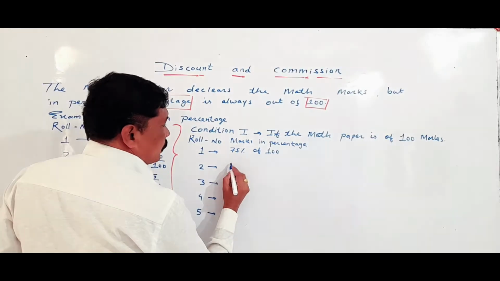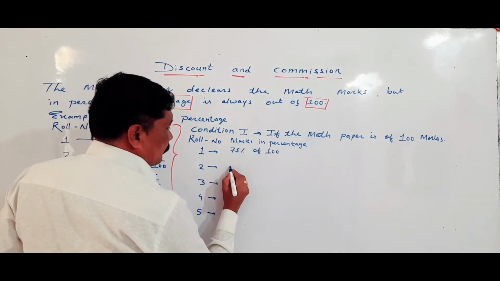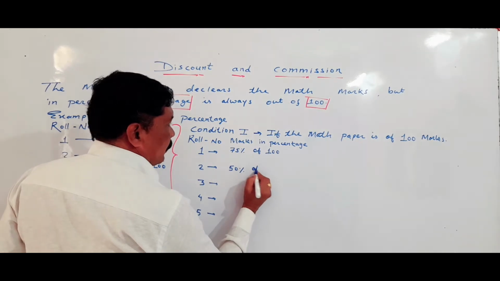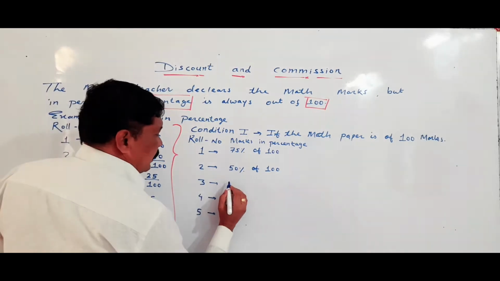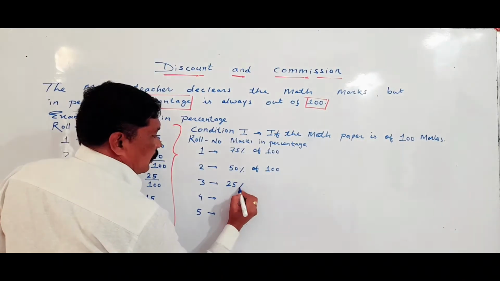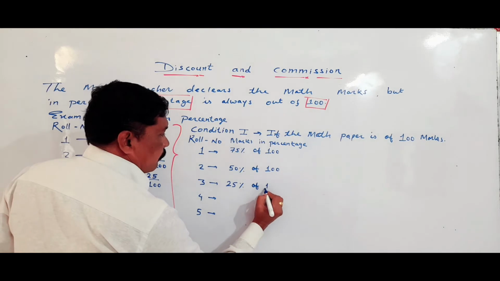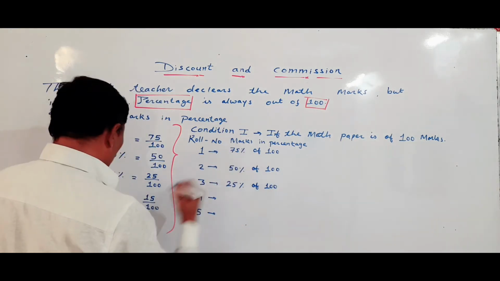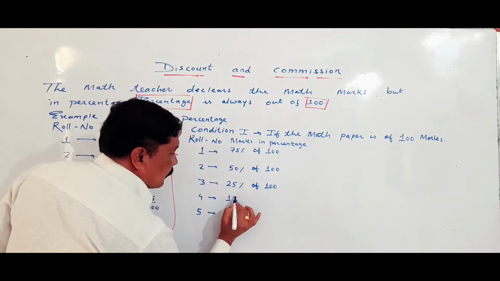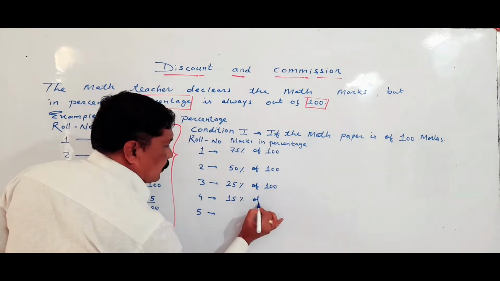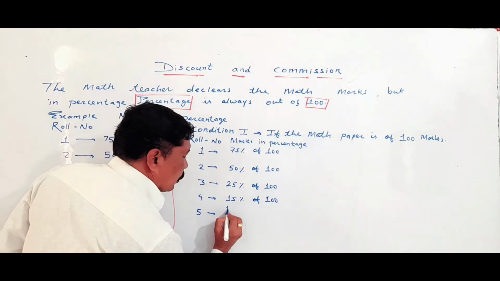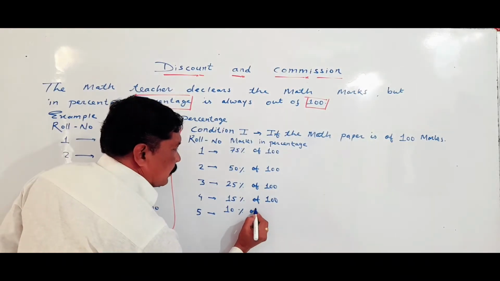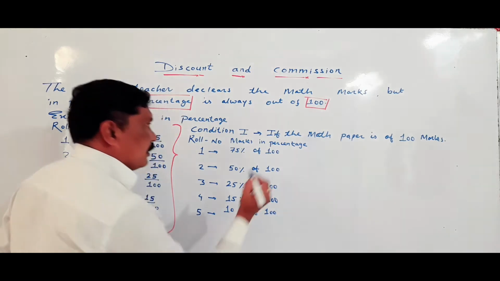Roll number 2 has got 50% of 100. Roll number 3 has got 25% of 100. Roll number 4 has got 15% of 100. Roll number 5 has scored 10% of 100.